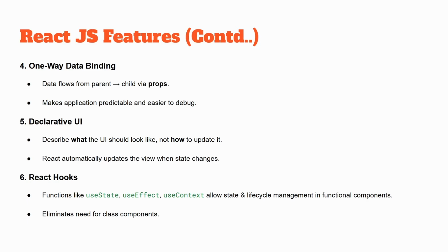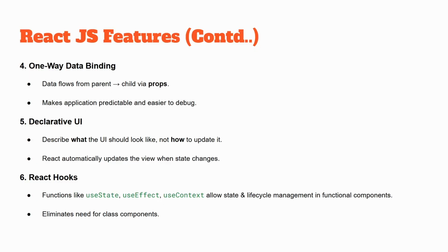There are certain frameworks like Vue.js where there is a two-way data binding, where if there is a parent and inside the parent there is a child, then the child can also change the data of the parent, and the parent can also change the data of the child. So this is what normally happens in two-way data binding. But in case of one-way data binding, the data always flows from the parent to the child. It is not the reverse.